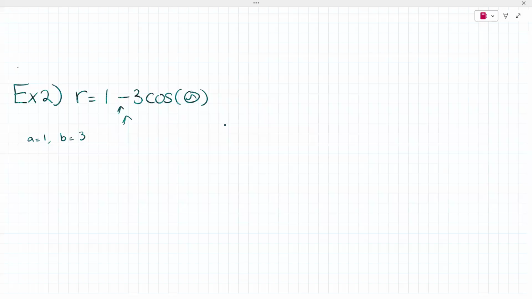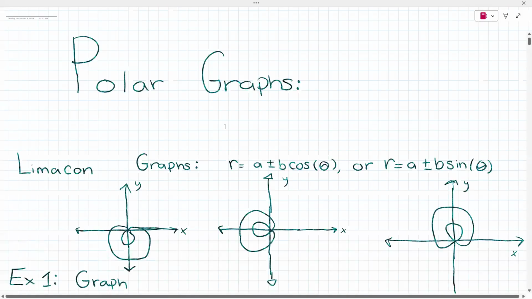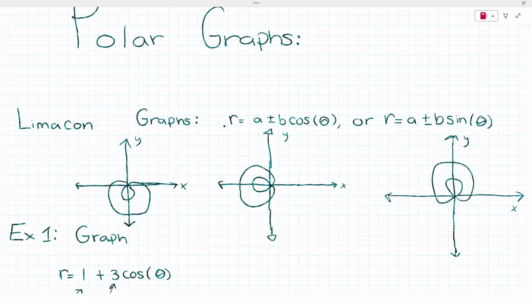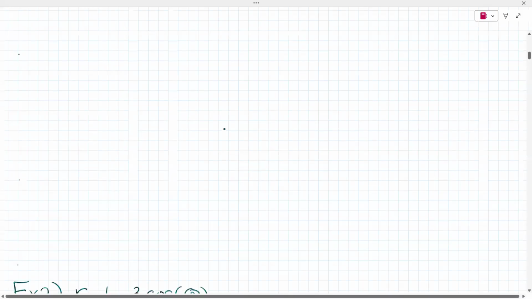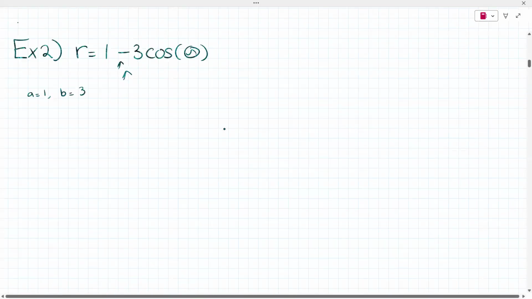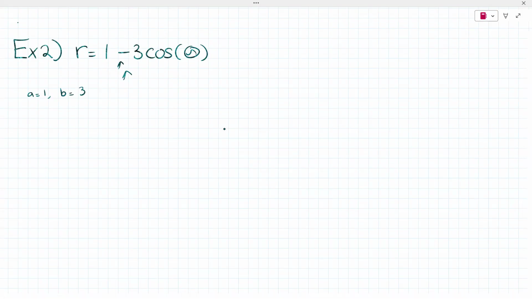What that means is we will still have an inner loop, and we will be on the negative x-axis.